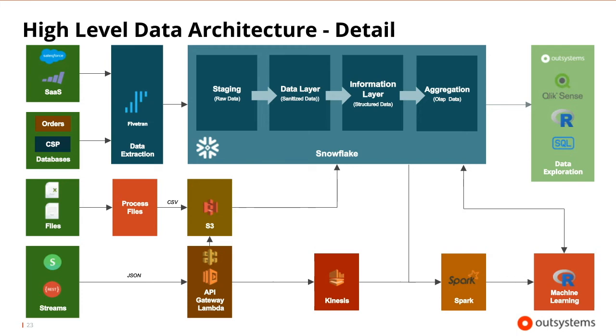We do name changes on tables and so on to make the data easier to explore. We would then have an information layer where we would probably structure unstructured data for specific use cases that we know we would like to explore that data in. And then finally, an aggregation layer where we would have a typical data warehouse or data mart within Snowflake to provide to different business units with aggregations that would give them the kind of metrics that they're looking for.